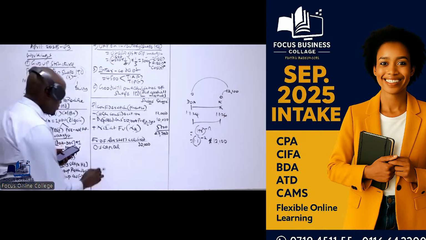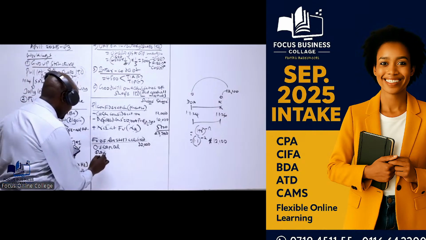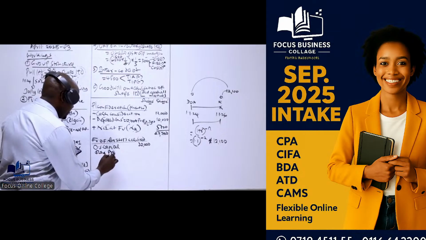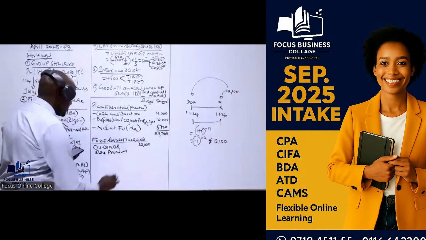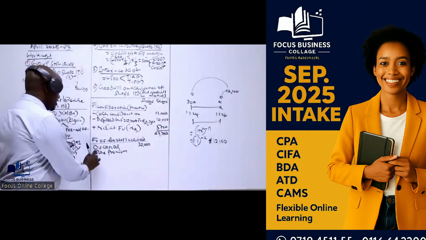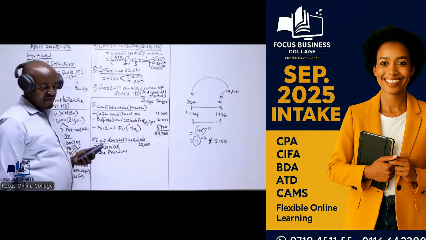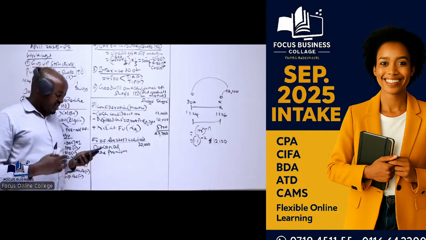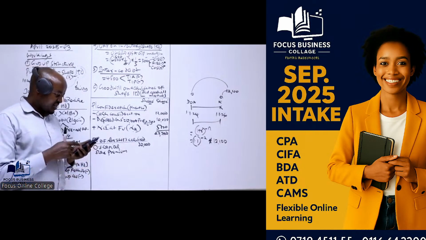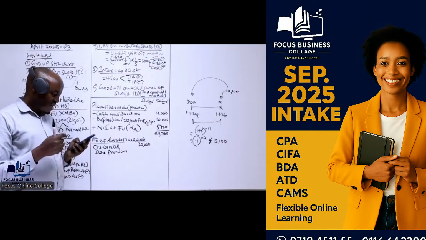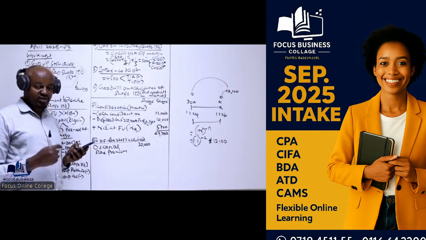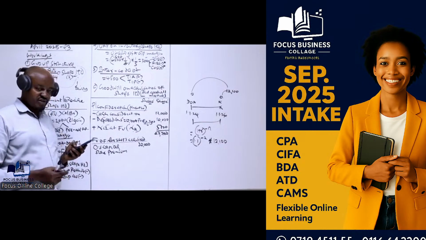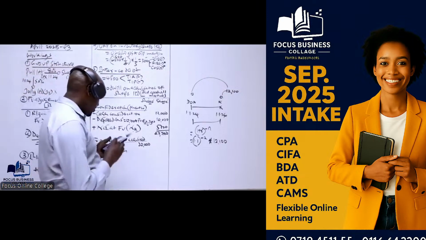Below that, we have the share premium. In case you're given the share premium in the statement of financial position of the subsidiary, if the question is silent, then we treat that as pre-acquisition.